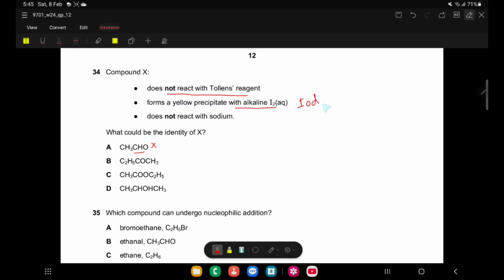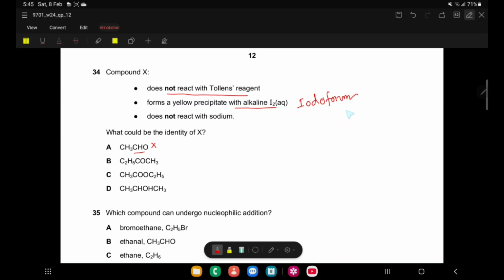So if you remember, this is the iodoform reaction. There are some limitations of this iodoform reaction. Not all types of compounds can give the iodoform reaction, only a few of them can.